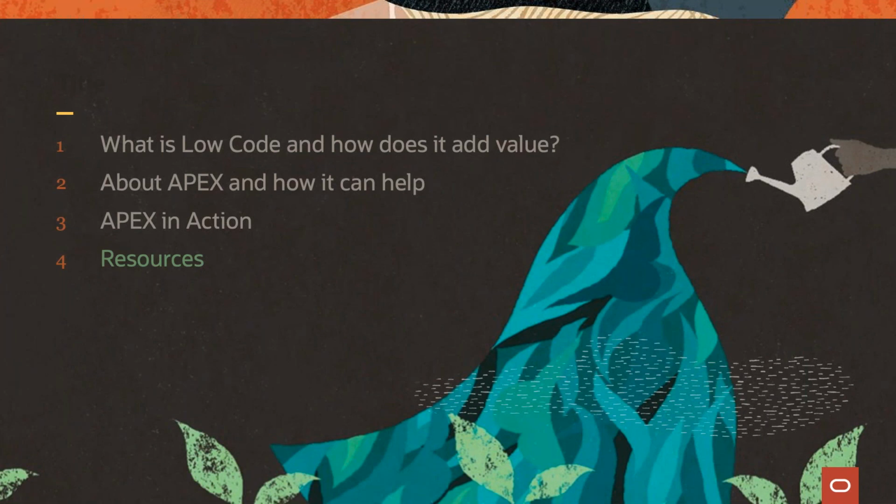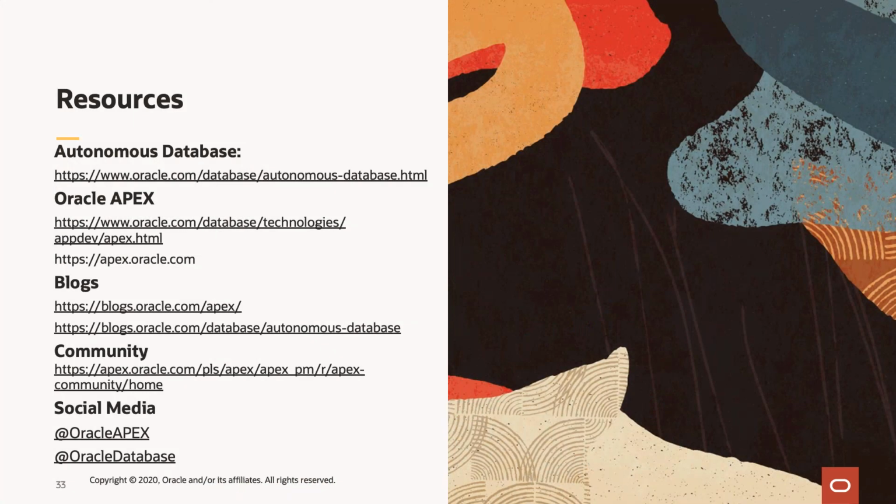Now, this takes us to the various resources that we would like to share with you. So have a look at it. There's autonomous database. Go to apex.oracle.com. There you can find heaps of videos and examples, and even hands-on labs that you can use to get started or get more familiar with building applications within Apex.